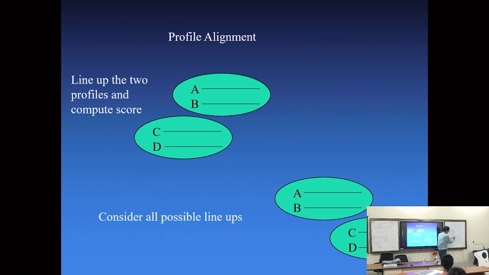So these within-cluster groupings of residue pairs have already been accounted for. So what is new when you compare this cluster with this cluster? This aligned with this, with this, and this with this.